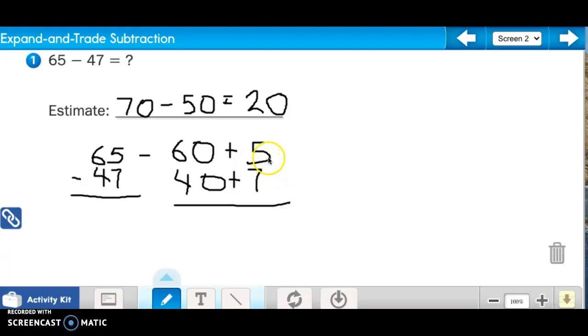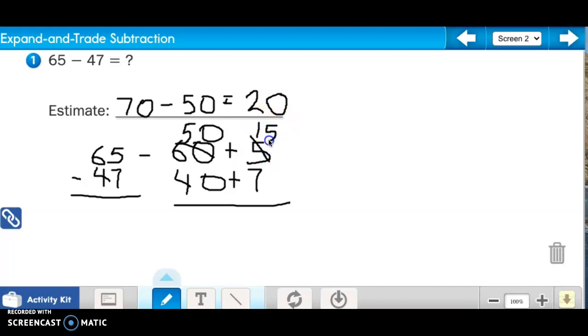If you have 5 pieces of candy, you cannot give me 7. That's not possible. So we have to go over here and make a trade. We're going to cross out the 60 and make it a 50, and take that 10 over to the 5. So now this is 15.